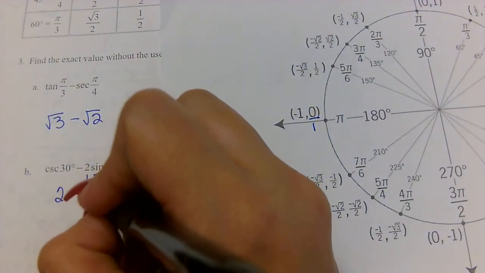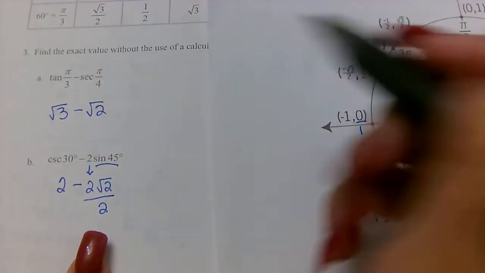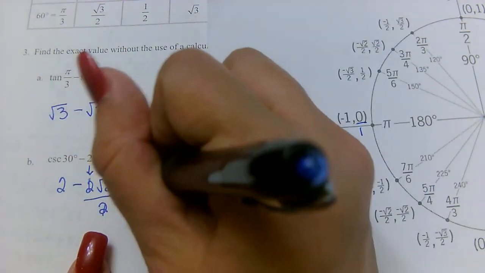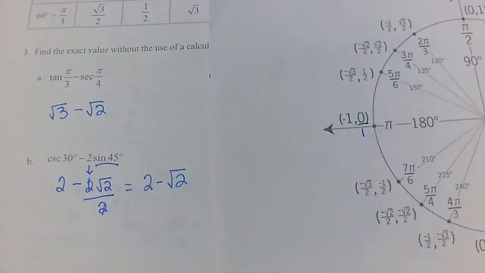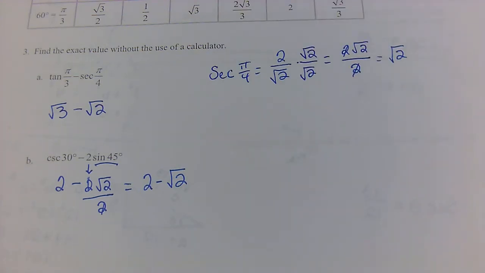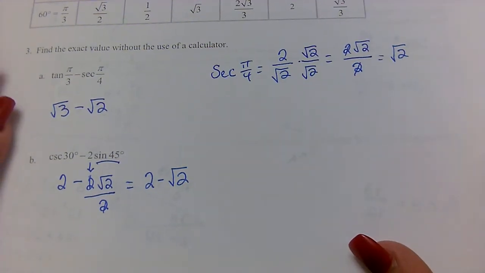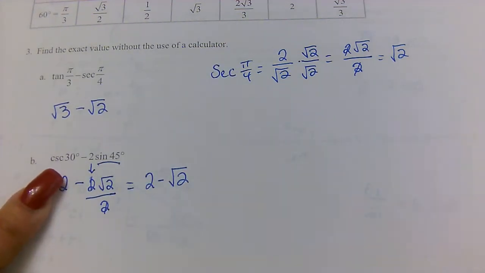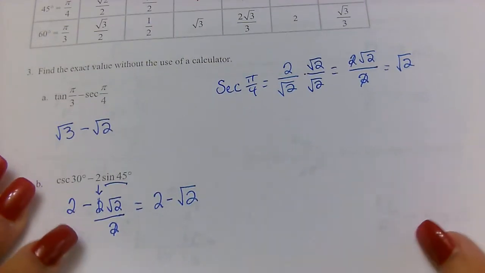So I'm going to do square root of 2 over 2. Now you notice that these 2 cancel, and I'm left with just 2 minus the square root of 2. And that's your answer. Okay, these shouldn't be terribly difficult, but it is really good practice that you're able to evaluate these trig functions.